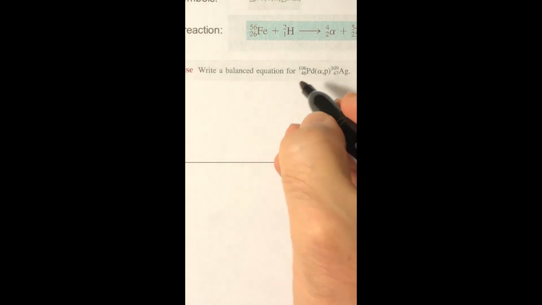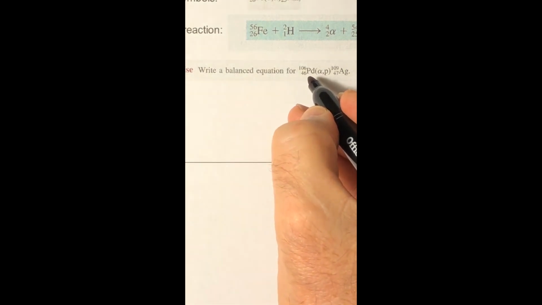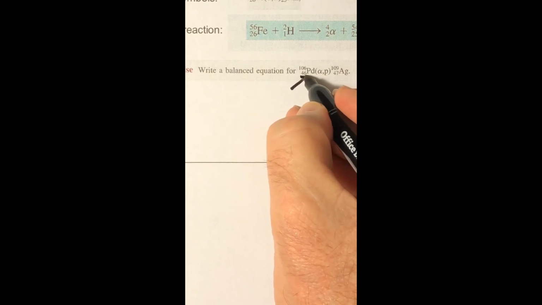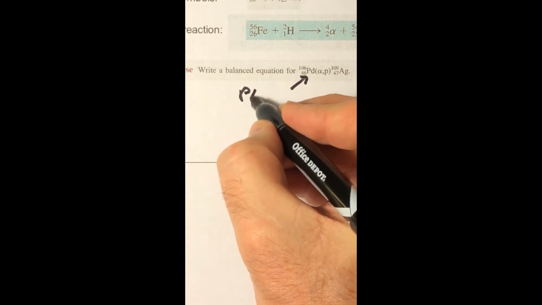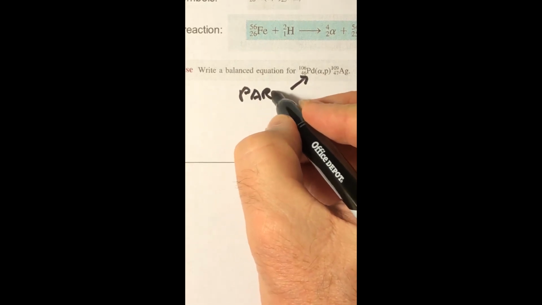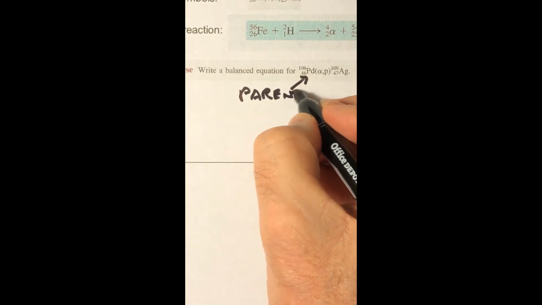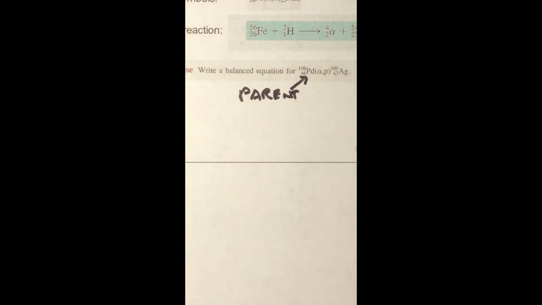So what we're seeing here is it's telling us that the parent nuclide is this entity here, right? So this is my parent. And over here on the extreme right, we have silver-109, and that is our daughter nuclide.